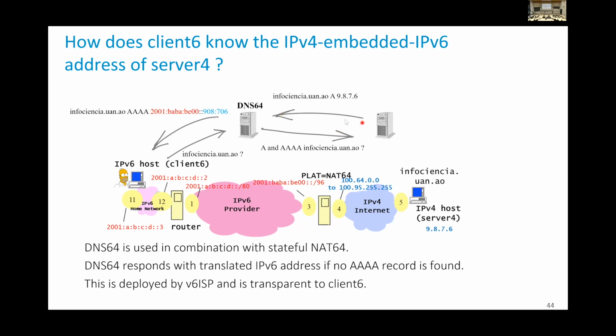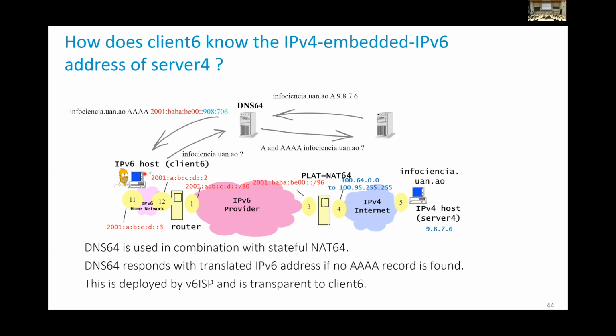This one must be able to answer all kinds of queries. So it will get an A address. It knows now I have only an IPv4 address, therefore I will translate it. And in my cache, remember that a server typically caches the reply. Here it will not just cache, it will translate it to this record. So it will create a fake record that does not really exist in the DNS, but exists in the cache of this DNS64 server.